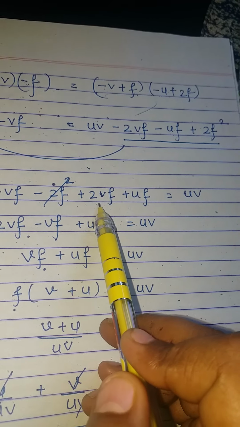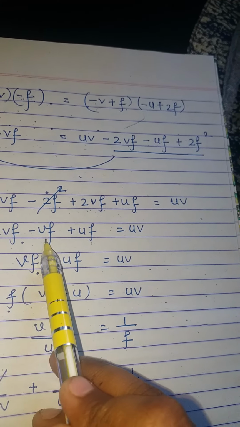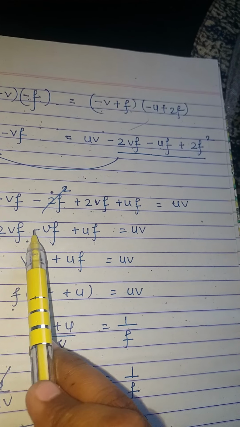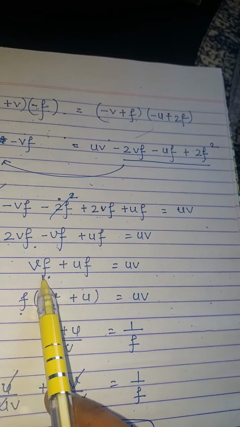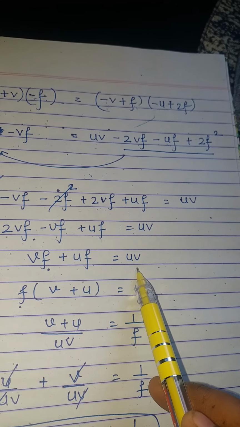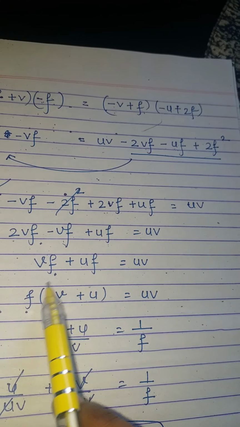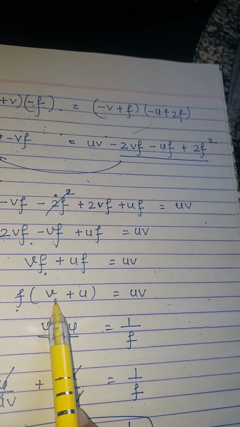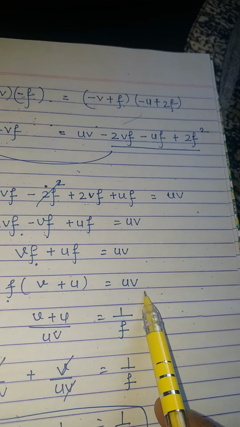So what is remaining? 2vf minus vf plus uf is equal to uv. 2vf minus vf is equal to vf, right? Plus uf is equal to uv. Take f common here. What will you get? f in the bracket v plus u is equal to uv.